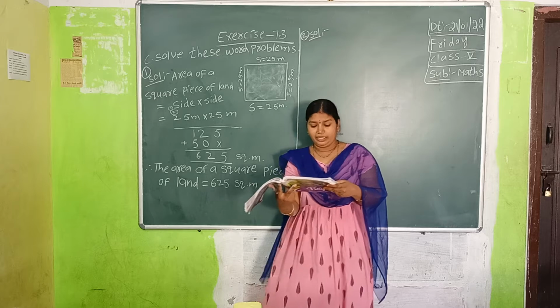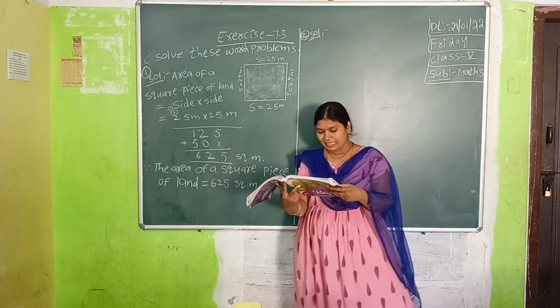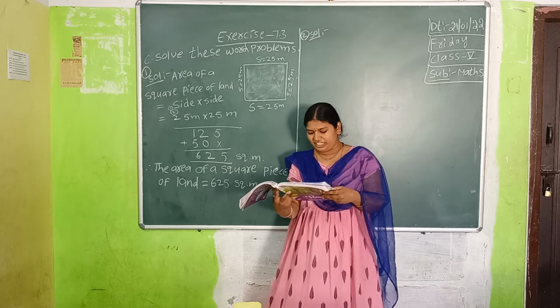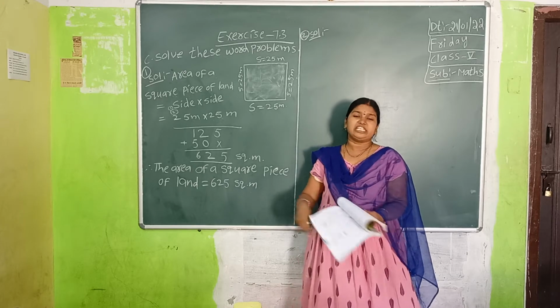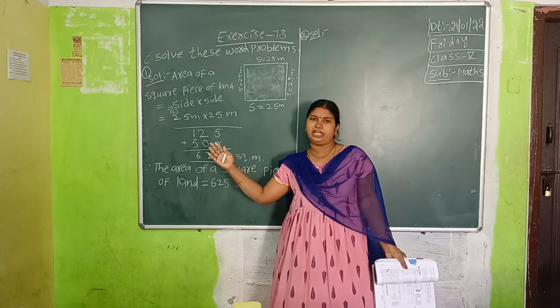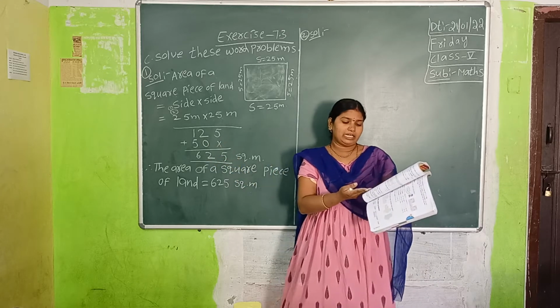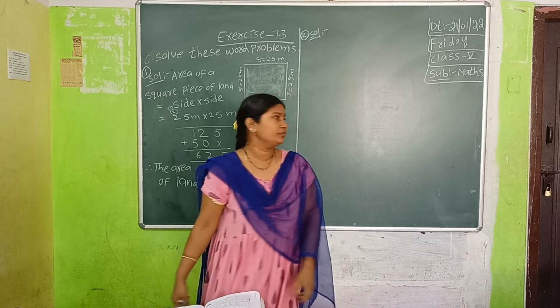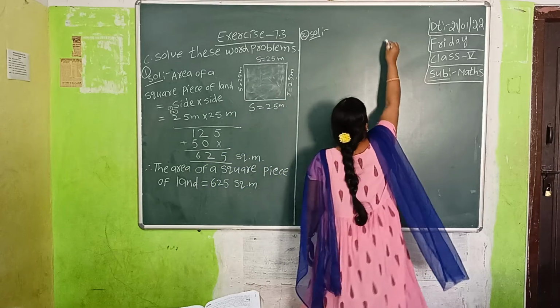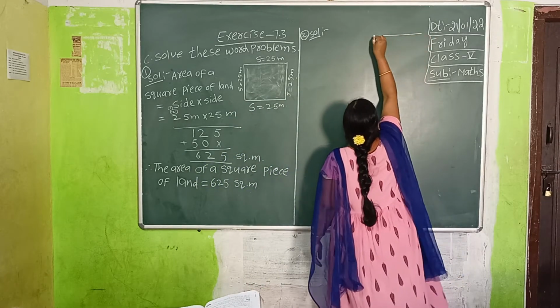What will be the area of a rectangle of length 14 meters and breadth 12 meters? Just now we found the area of a square. Now they are asking to find the area of a rectangle. Okay. First of all, draw a figure of the rectangle.